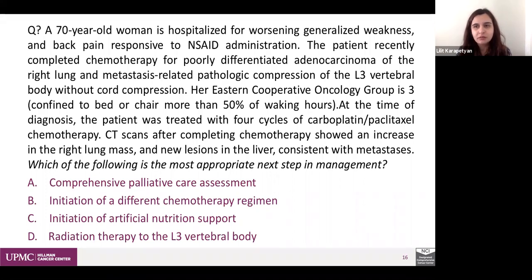So if someone is diagnosed with stage 4 lung cancer, is at the hospital, remember, non-small cell, you got the diagnosis, consult palliative care. Call them and say, we would like to set up this patient with you. The reference is a very famous study in 2018, Temel et al. So this is a board question, and I think palliative care is almost always a good answer, unless someone is really doing well and it doesn't make sense for you to pick that answer.